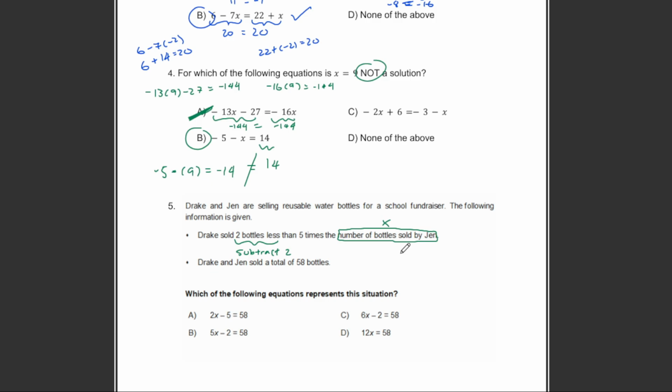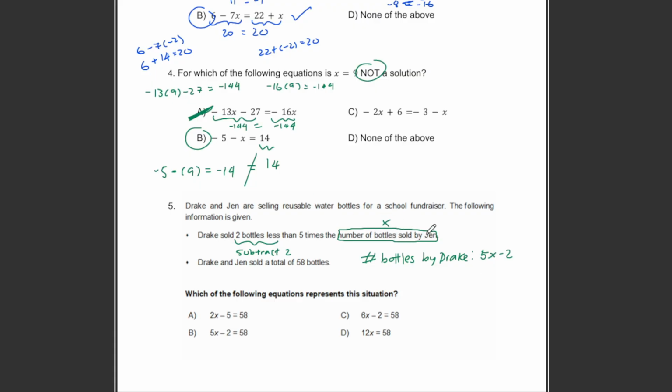Okay, x is the number of bottles sold by Jen. So then to write the number of bottles sold by Drake, I'm going to write 5 times the number of bottles sold by Jen, which is x, and then I'm going to subtract 2. Okay, so that's the first highlight, the really big thing I need you guys to do is to define your variables.